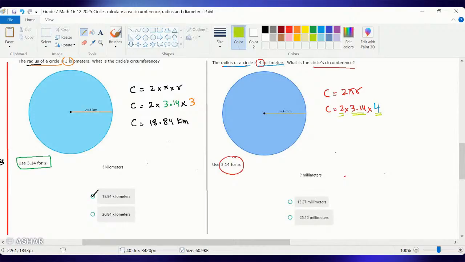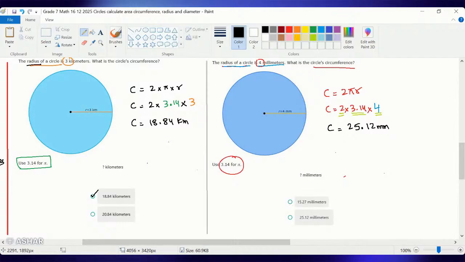It should be equal to 25. Okay, good. It should be equal to 25.12 millimeters, right?